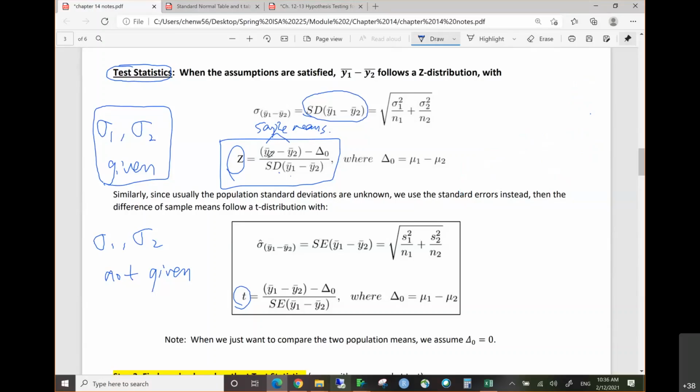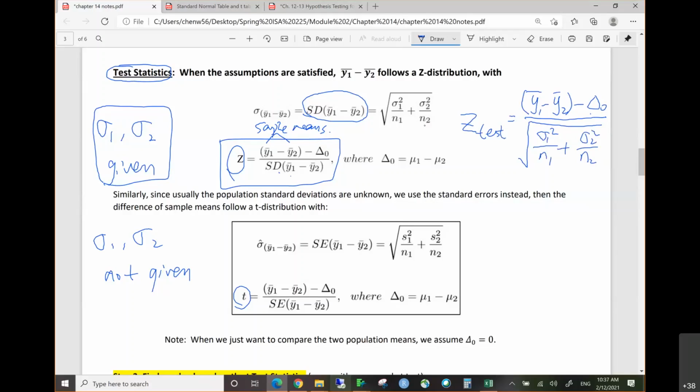We have y bar, the difference of the sample means, minus our claimed value in our hypothesis, divided by the square root of sigma 1 squared over n1 plus sigma 2 squared over n2. Put them together: our z-test statistic equals the difference of the sample means minus our claimed value in our hypothesis, divided by the square root of sigma 1 squared over n1 plus sigma 2 squared over n2. That will be it, right?